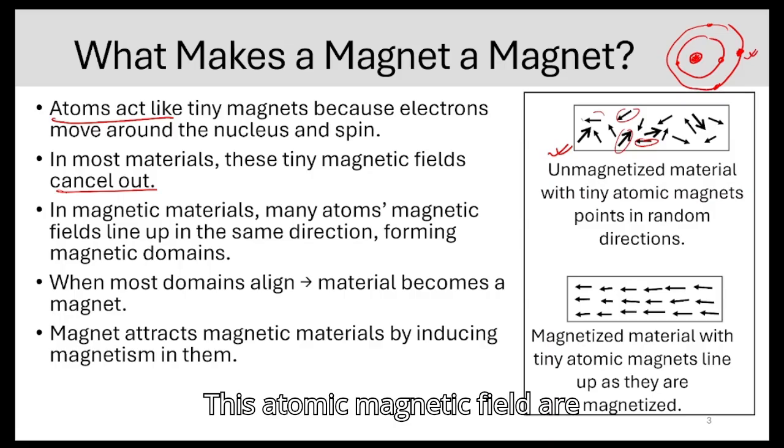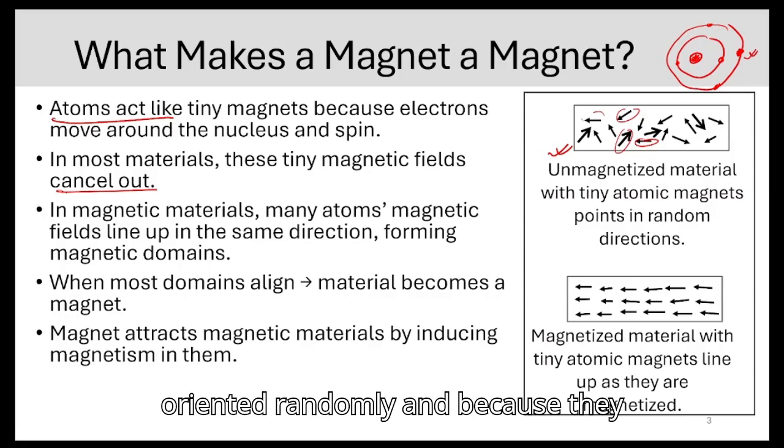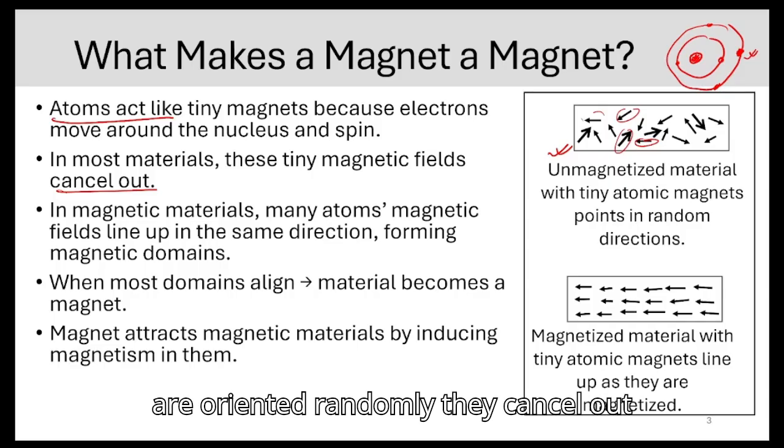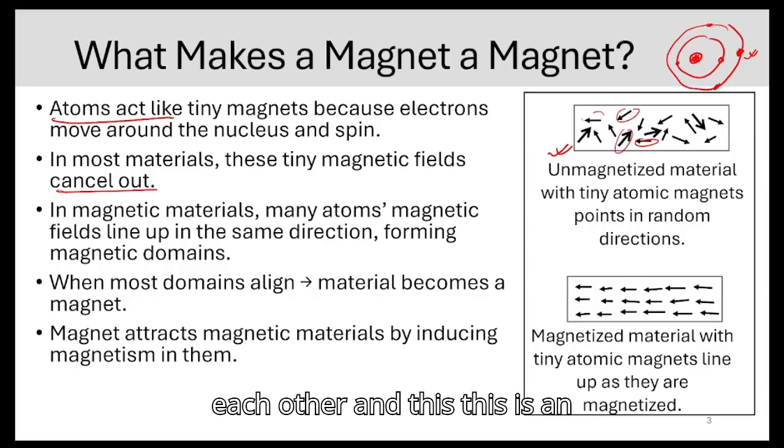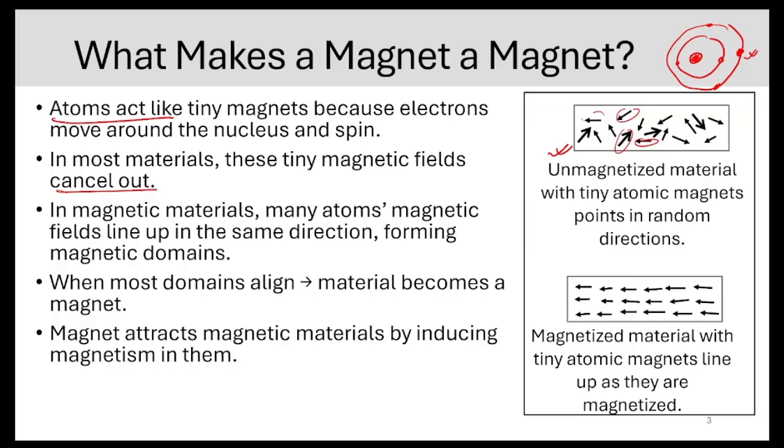These atomic magnetic fields are oriented randomly, and because they are oriented randomly, they cancel out each other. This is an example of unmagnetized materials.